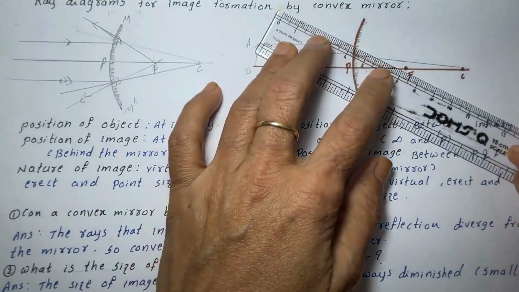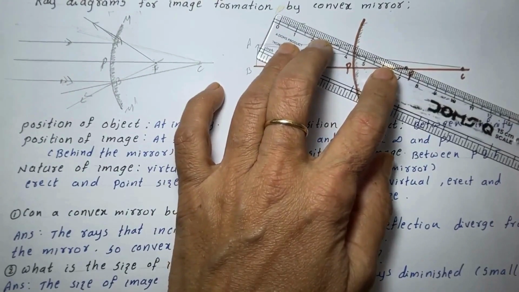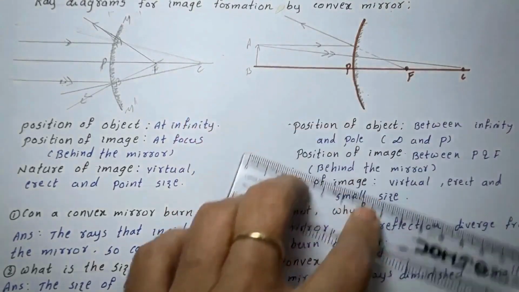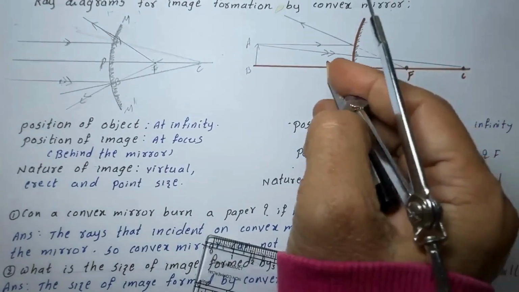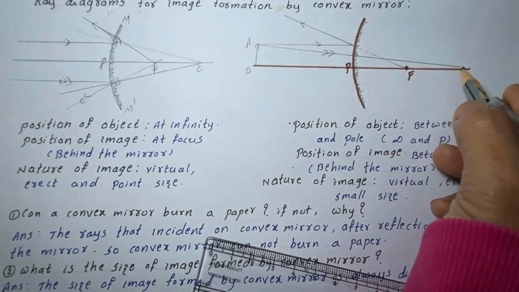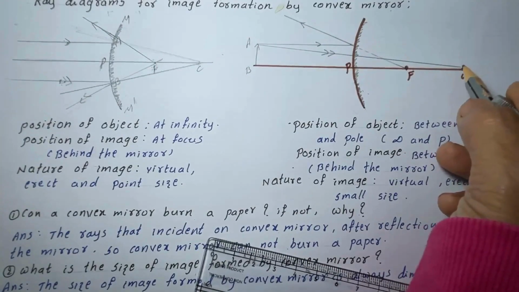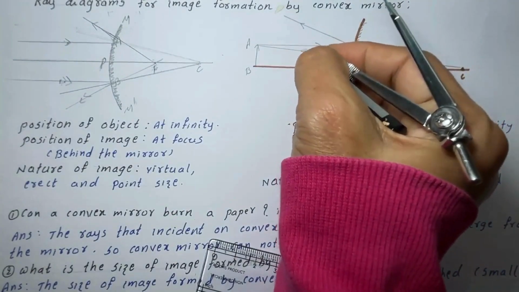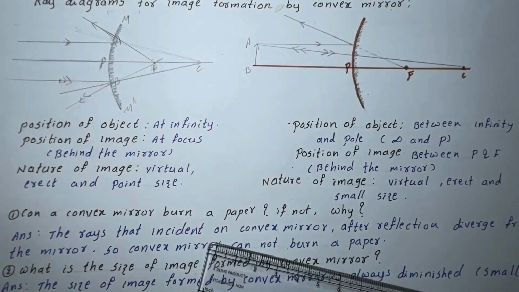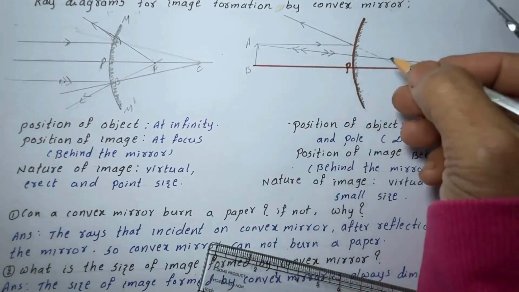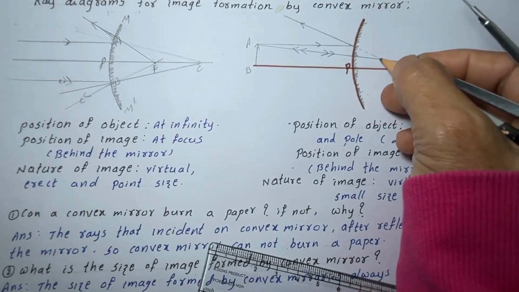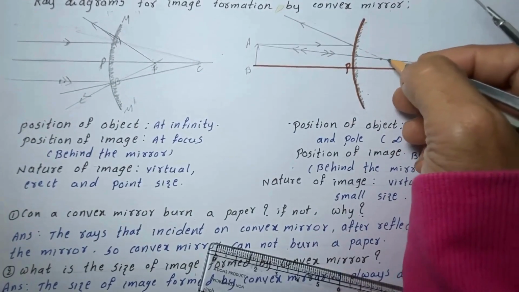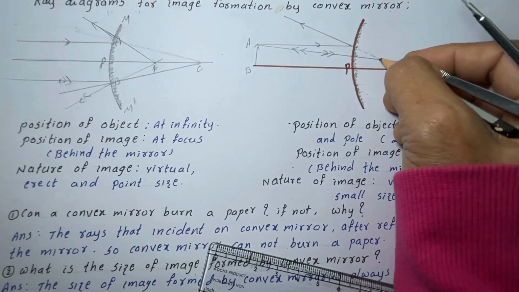So when you extend this reflected ray, then it meets the focus, and the ray which is directed towards the center of curvature always retraces its path. So this is the same path the reflected ray goes. Now this is the point where the two extended rays of the reflected rays met. So at this point we can obtain one image.